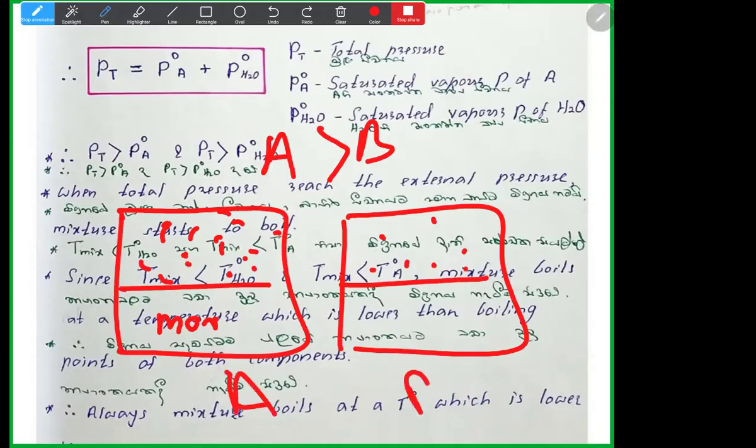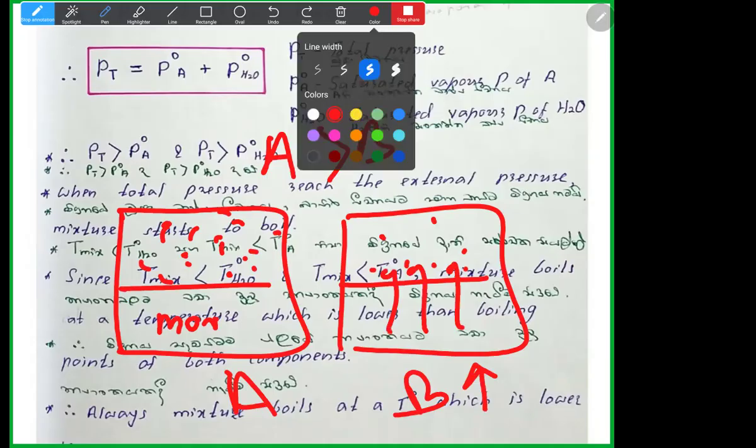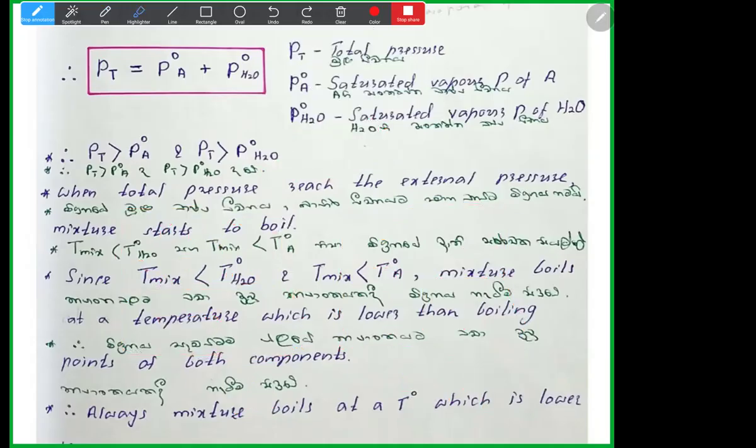This is A, this is B. Yeah, we need B to heat more because it needs to make more vapor. Understood? So that when inside pressure is higher, you need less temperature to boil.